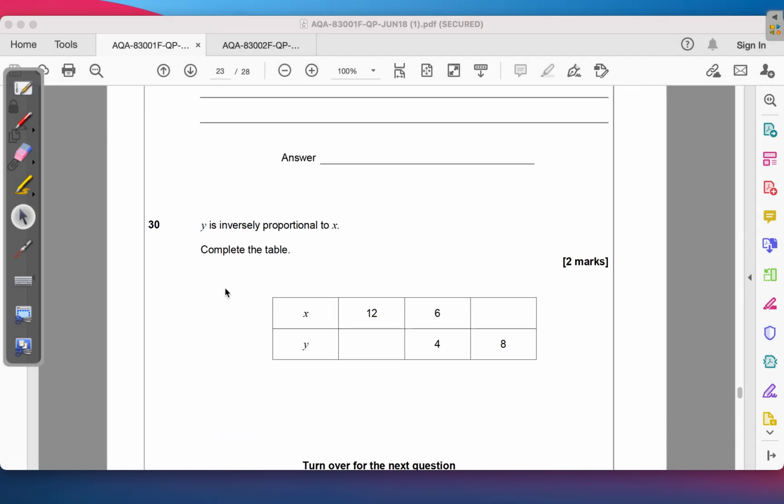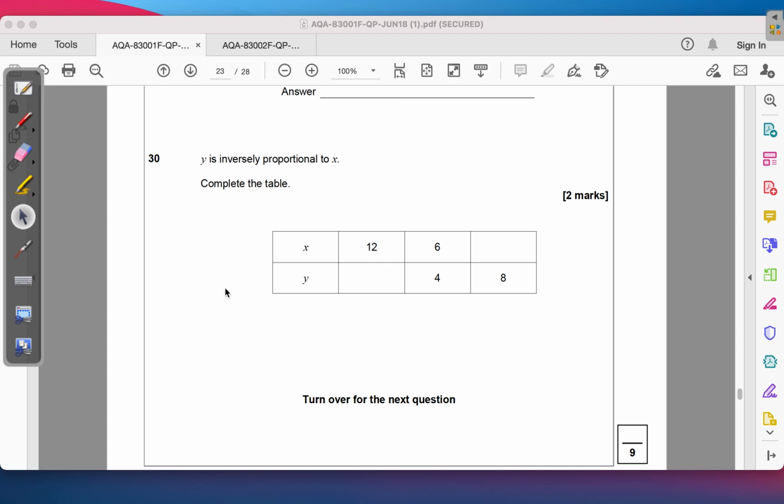So the next one, y is inversely proportional to x. Complete the table. Okay, so if y is inversely proportional to x, that means that y is proportional to 1 over x. Okay, now what this means is that y can be calculated as k, some number, over the x value.